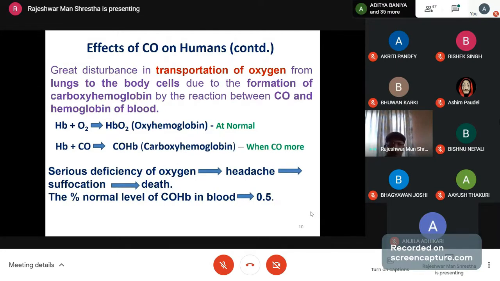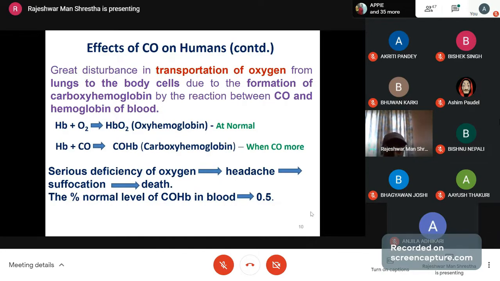This is a very dangerous effect. When carbon monoxide is present in the atmosphere, it will create disturbance in the transport of oxygen from the lungs to the body cells. Why? Due to the formation of carboxyhemoglobin. This carboxyhemoglobin is formed in the blood by the reaction between carbon monoxide and hemoglobin of blood. At normal state, hemoglobin reacts with oxygen to form oxyhemoglobin. Oxyhemoglobin in the blood causes transport of oxygen from the lungs to the body cells.